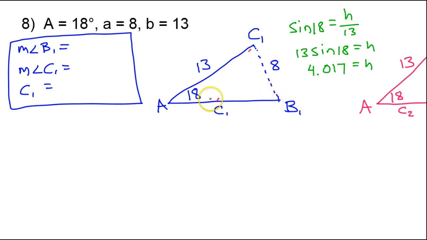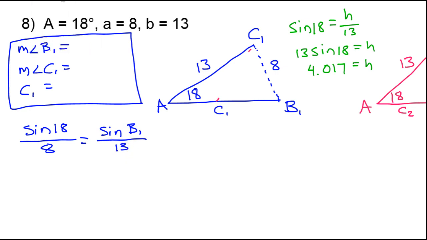Because I'm going after an angle, I'm going to put my angles in the top for the law of sines. So I'm going to do the sine of angle A, which is sine of 18, over side A, and that should equal the sine of angle B1 over side B1.